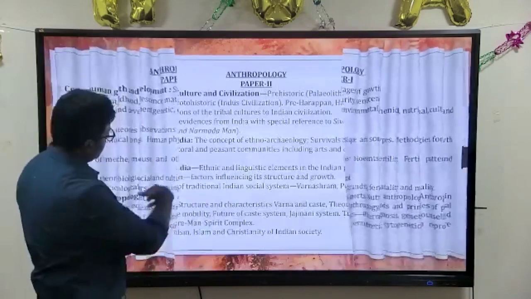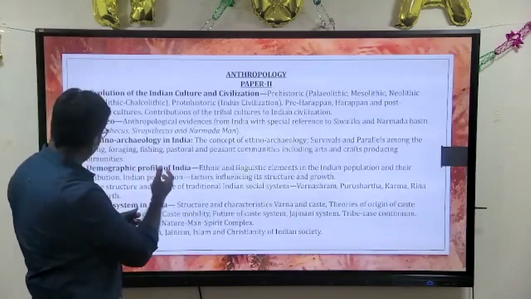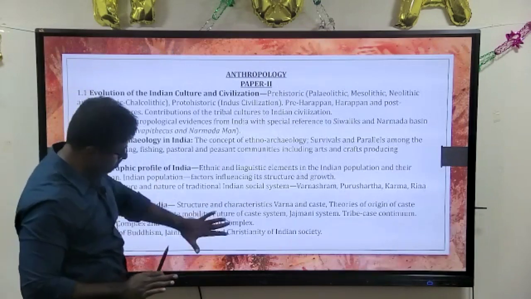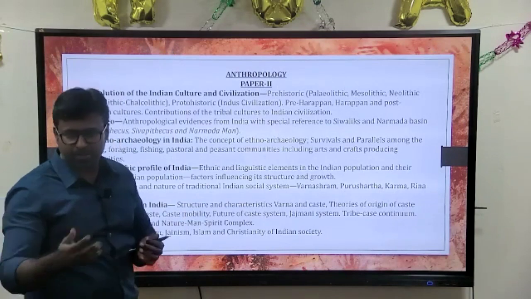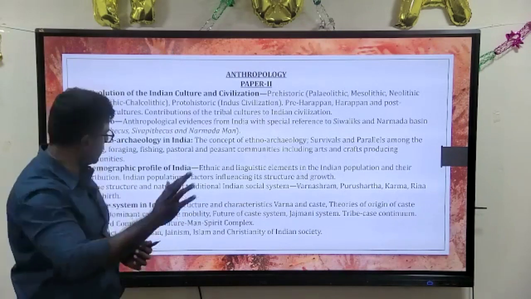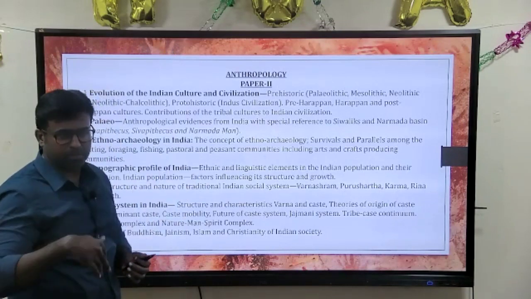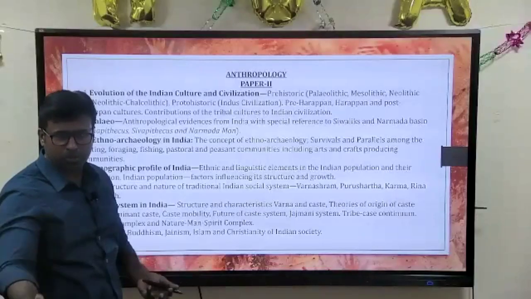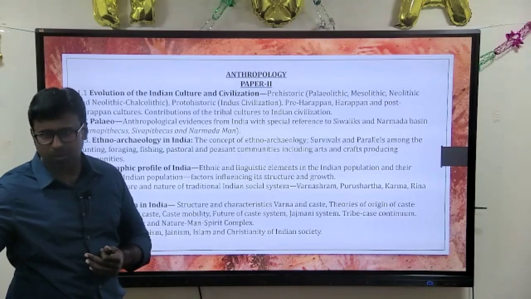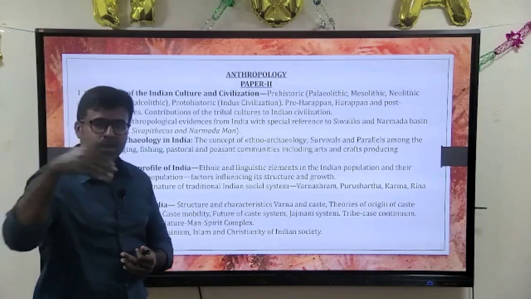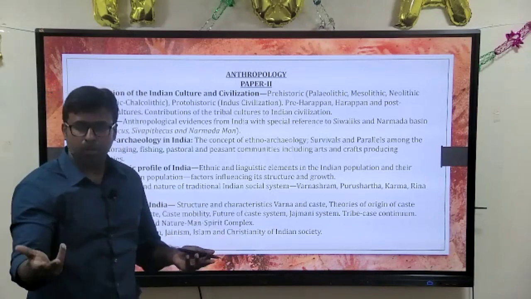The second paper is simply the application in any subject. You take PSIR, you take sociology, whatever the subject. The first paper will be the concept. The second paper will be application in relation to India. For example, in geography, you read world geography, world oceanography, everything. The India relation you will read in the second paper.